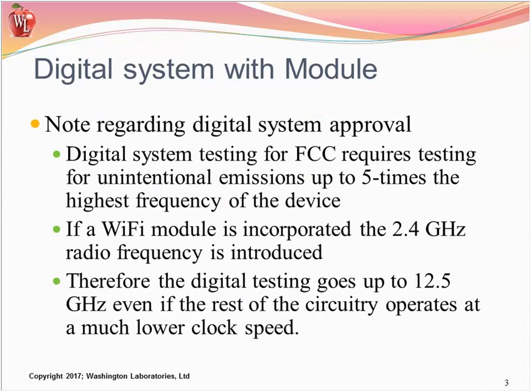Well, sometimes these digital devices were approved and they have very low data speeds, so they don't test above a gigahertz or some low frequency like that. But if a Wi-Fi module, for example, is incorporated, the 2.4 gigahertz radio frequency is introduced into the whole system. So therefore, the digital testing would then need to go up to 12.5 gigahertz, even if the rest of the circuitry operates at a much lower clock speed.